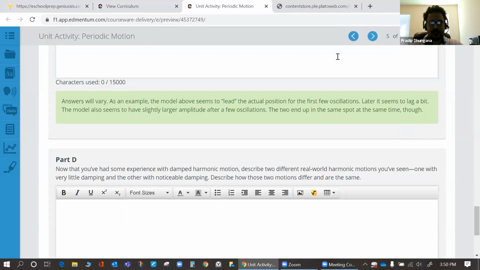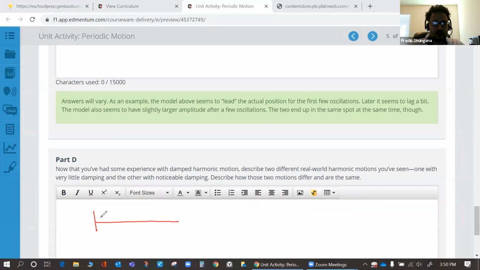Let me make those diagrams, and then think about this question. The first one, let us suppose, has more damping. So it can be like that. You can see it's gradually decreasing and the amplitude nearly vanishes.